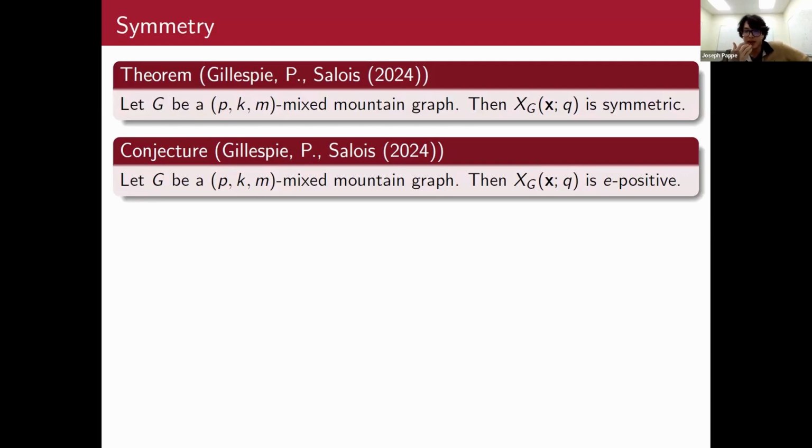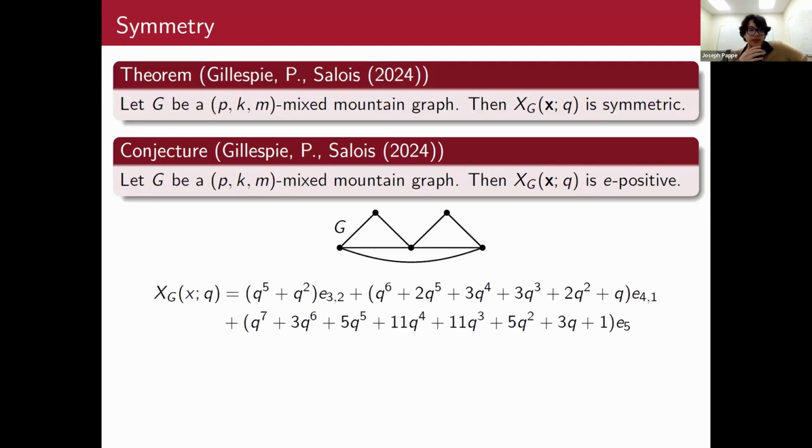And in fact, we conjecture that they are. So for instance, if I look at this graph here of three mountains stitched together, and we look at its coefficients in the elementary basis, we see that it is also e-positive. So we're currently working on proving that this family is indeed e-positive.